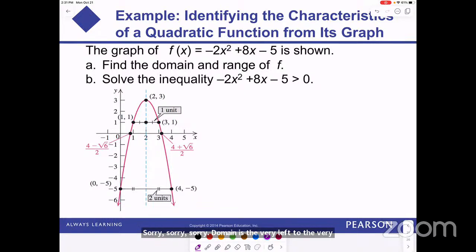So how far left does it go versus how far right does it go? Keep in mind the arrows just mean continue the pattern. So the very left would be negative infinity. The very right would be positive infinity. If we continue those arrows, every x is accounted for.